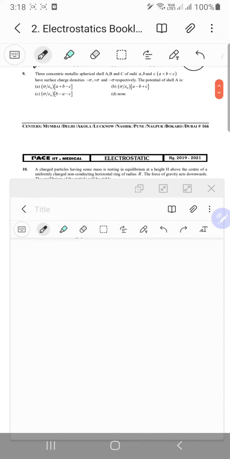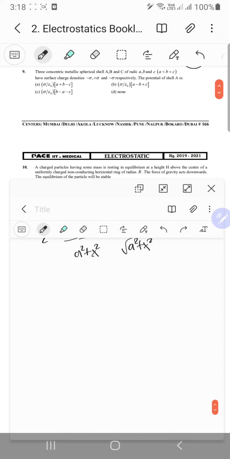Whatever. Next question. 3 concentric metallic spherical shells A, B, C of radii a, b, c have surface charge densities minus rho, plus rho, and minus rho respectively. The potential of shell A is, okay, this is going to be some bad things.